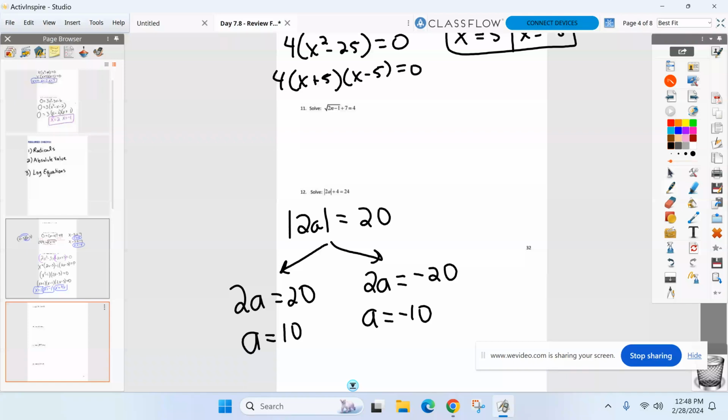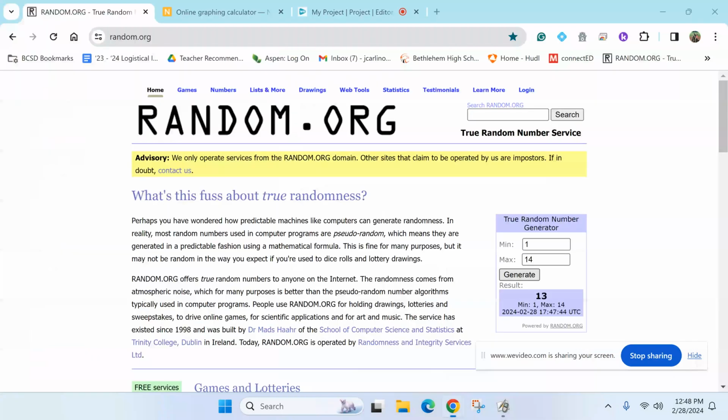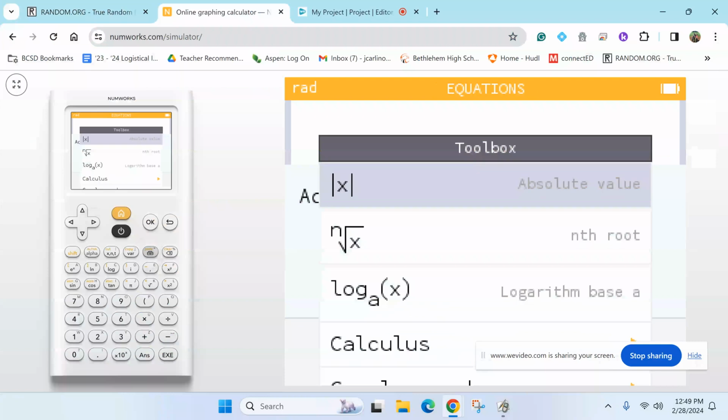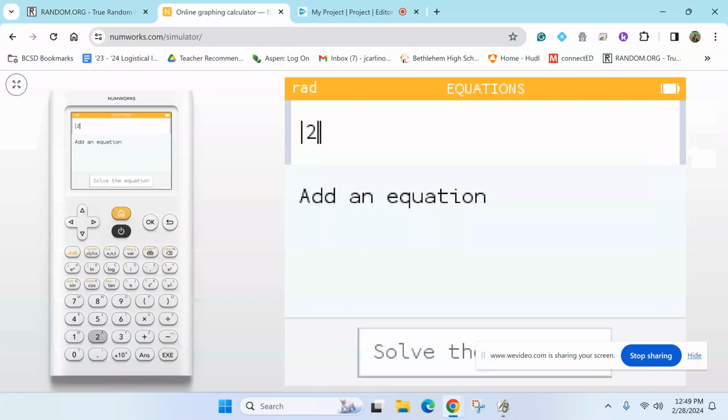So I go to my calculator. I'll check it with you. I go to equations. Remember the absolute value? Where can I find that? Toolbox. So absolute value 2x. I don't want to put an a there. Plus 4 equal to 24.